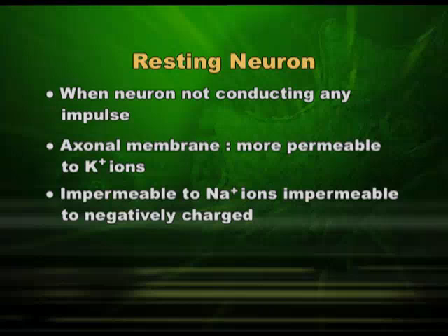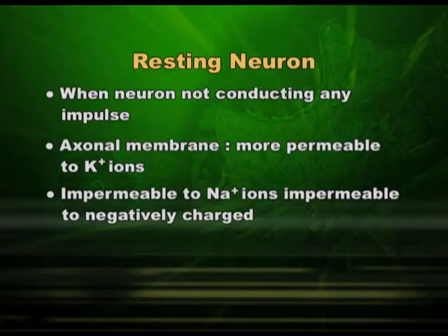As I told you, the axonal membrane in the resting condition is more permeable to potassium ions which are positively charged, and is almost impermeable to sodium ions which are also positively charged, and also it is impermeable to negatively charged ions, and we know these are protein ions.